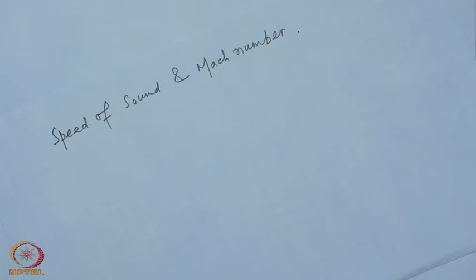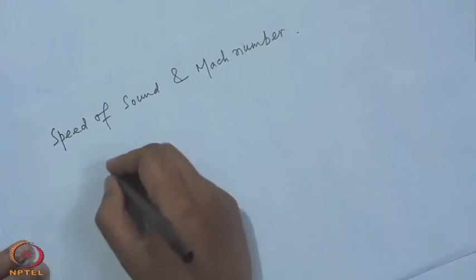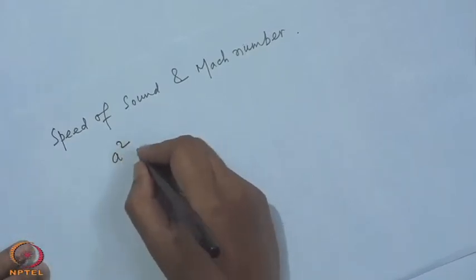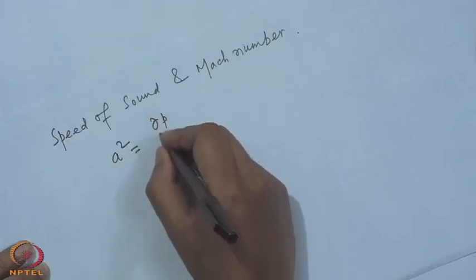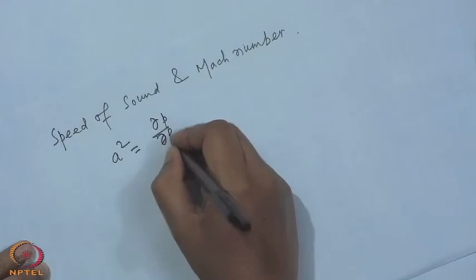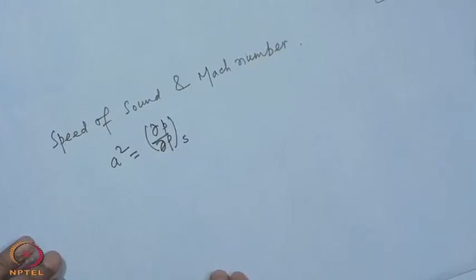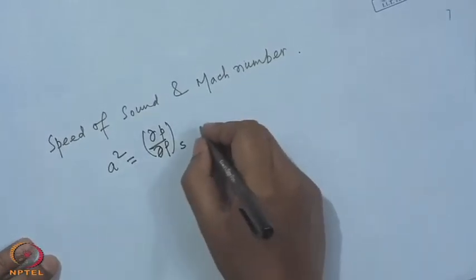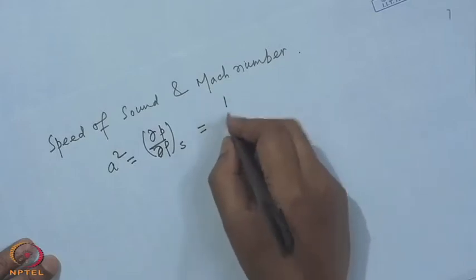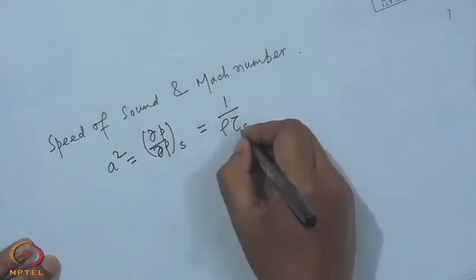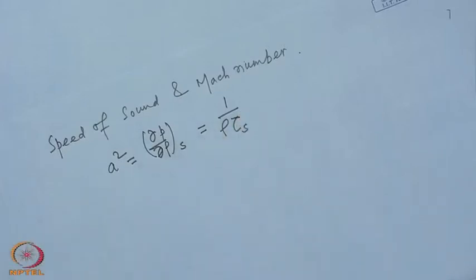So, it is related to the compressibility of the fluid, and mathematically it is defined as the square of the speed of sound is dp d rho at constant entropy, that is 1 by rho tau s, where tau s is the isentropic compressibility.